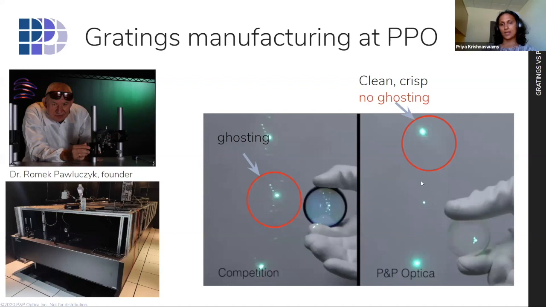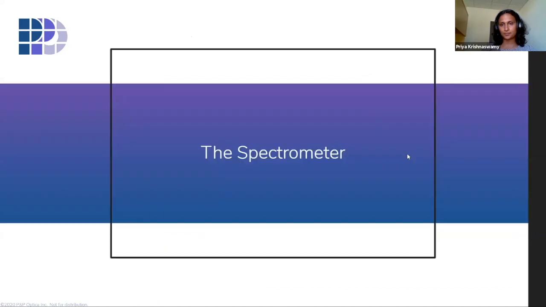And our gratings have no ghosting. The signal is very clear, the noise is low, so there's less noise to factor in once you start building up the system. And it's very important because the higher the signal to noise ratio, the better your identification is going to be. So let's build a spectrometer now.